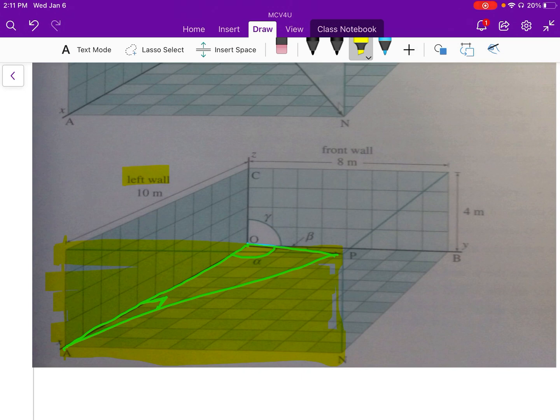That means it's at 90 degrees to the left wall, which means that the line from A to P is on that back wall, and so that line joining A to P is perpendicular to any line on the left wall. In fact, the OA line, okay? That's going to be true if we wanted the beta or the gamma, from the y value or the z value.